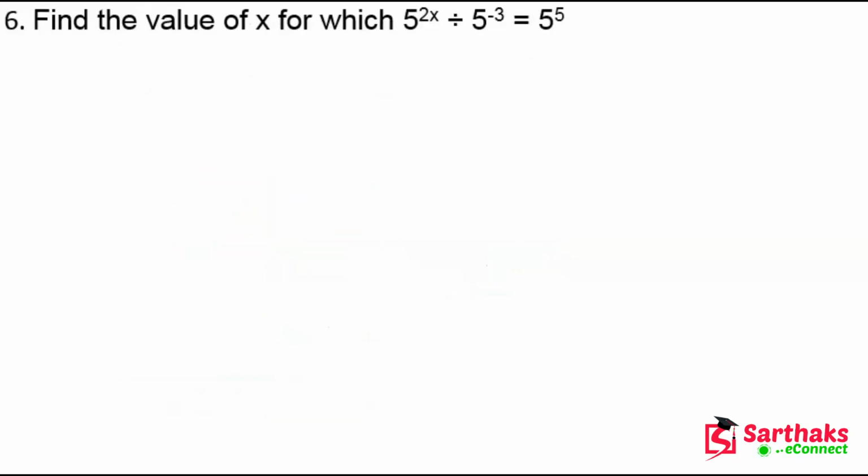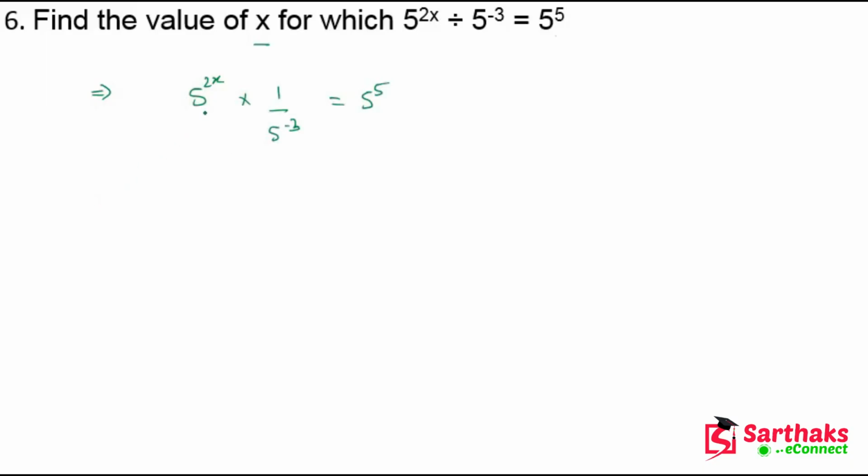Now the next problem. Find the value of x for which 5 raised to power 2x divided by 5 raised to power minus 3 is equal to 5 raised to power 5. So this will become 5 raised to power 2x into, we can multiply, the reciprocal, 1 upon 5 raised to power minus 3, equals 5 raised to power 5.